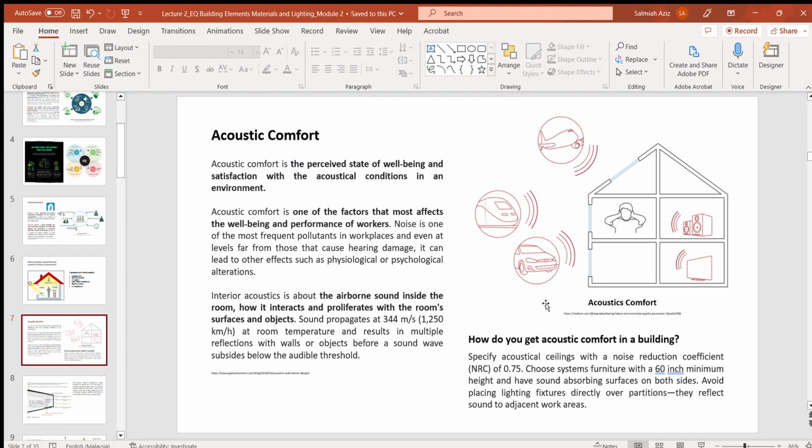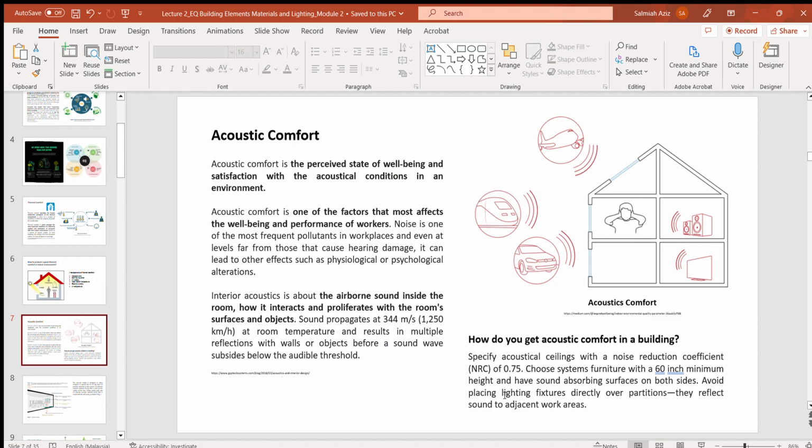Okay, how do you get acoustic comfort in a building? Specify acoustical ceilings with a noise reduction coefficient (NRC) of 0.75. Choose systems furniture with a 60-inch minimum height and sound absorbing surfaces on both sides.